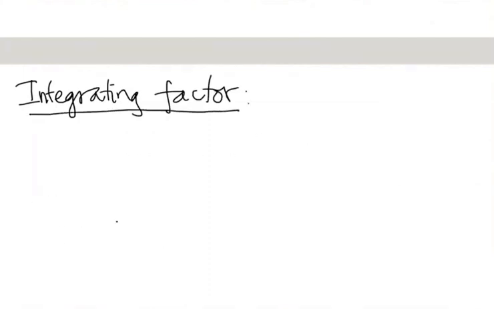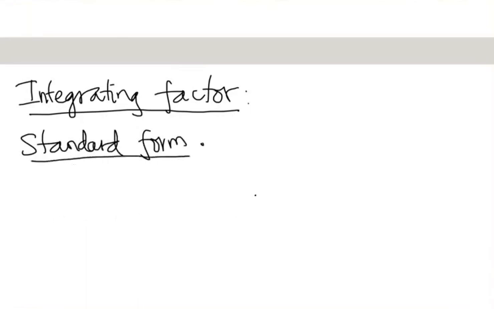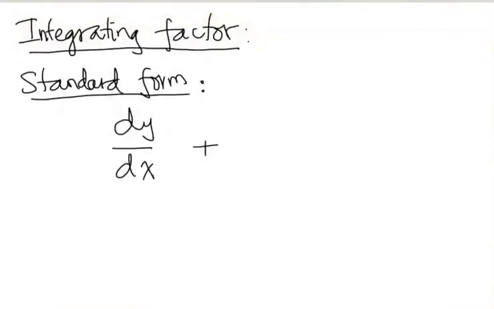So let's consider the equation in standard form. We need to begin with standard form. Let me write the x here instead of t. As before, sometimes the independent variable could be x, sometimes it could be t. dy dx plus p of x times y equals q of x on the other side.